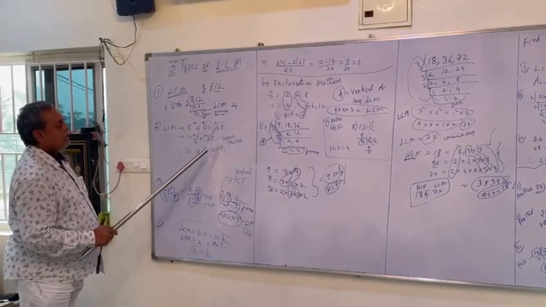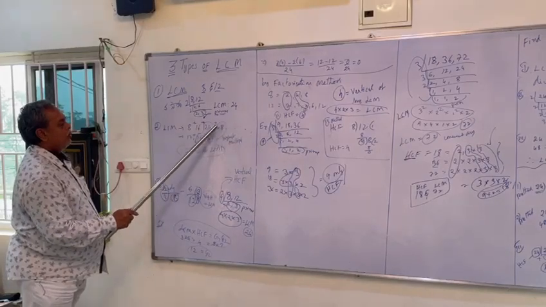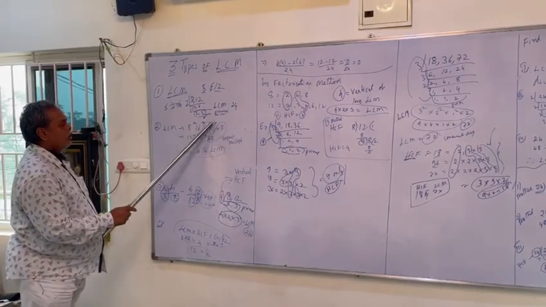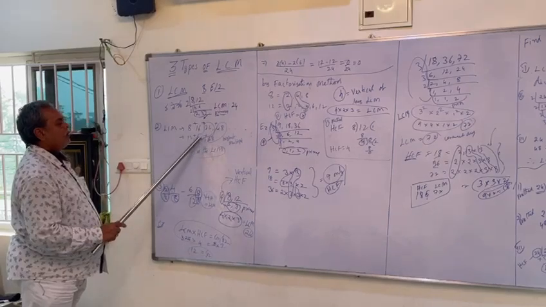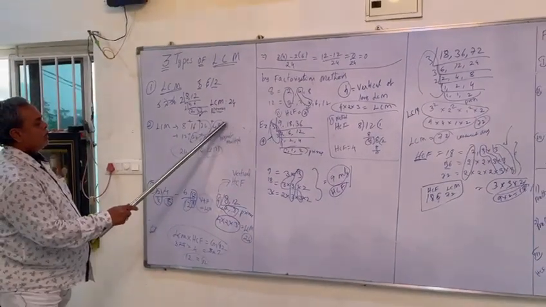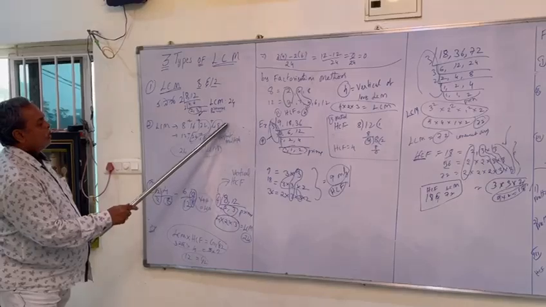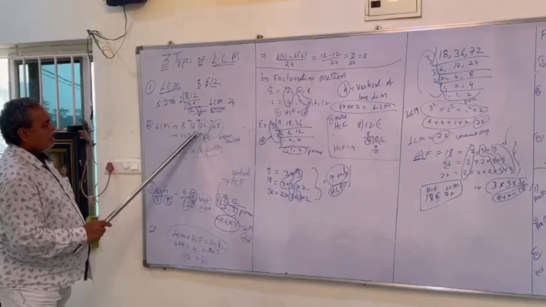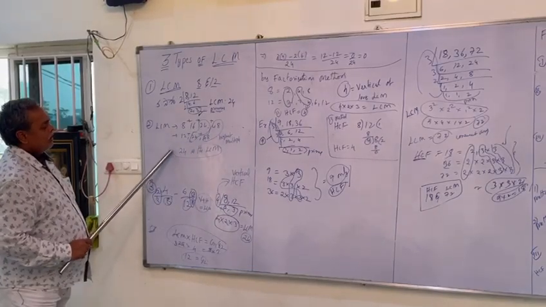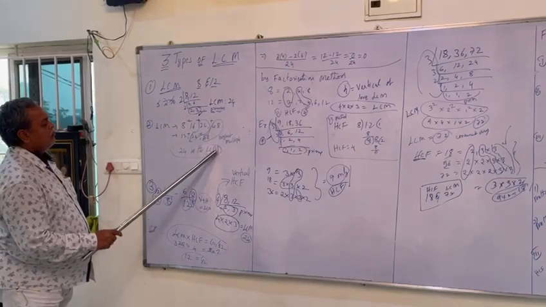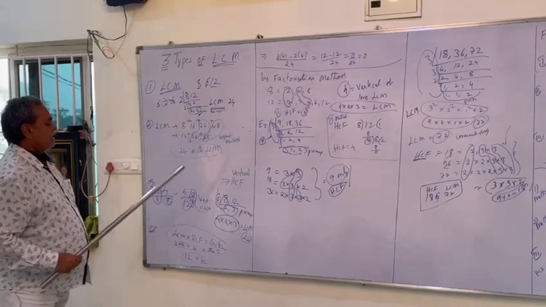So the highest multiple is 48 and the least multiple is 24. Both are common in the two lines. We have to take the least common multiple. Therefore 24 is the LCM. This is the second method.